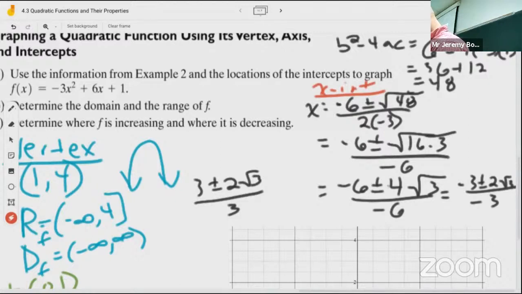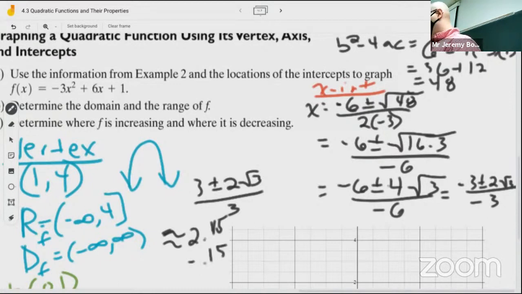Don't need to group that numerator when you do it though. I was about to not. What did I do? Oh, I did the arrow. 3 plus 2 root 3 divided by 3, and so you get 2.15, and negative 0.15.